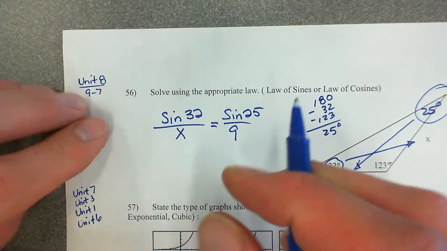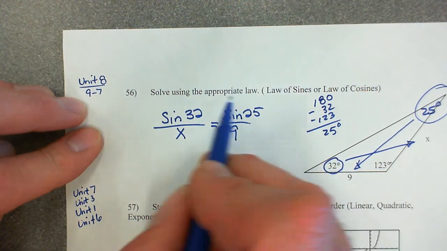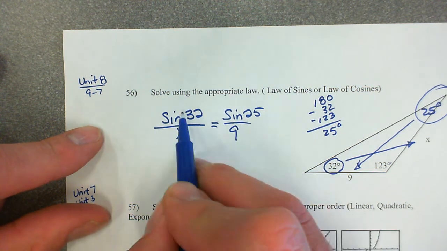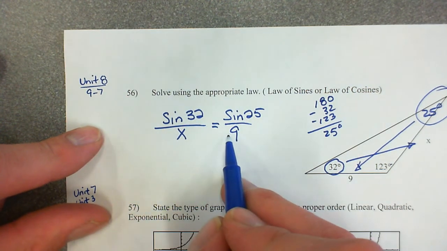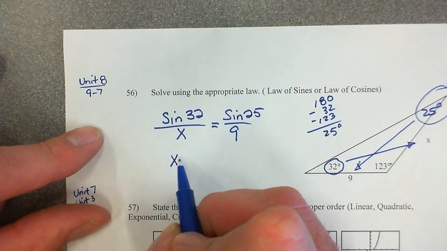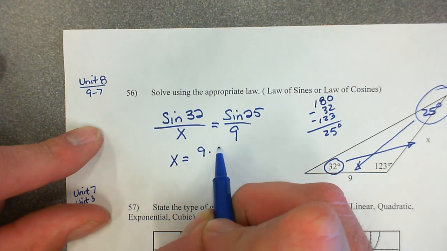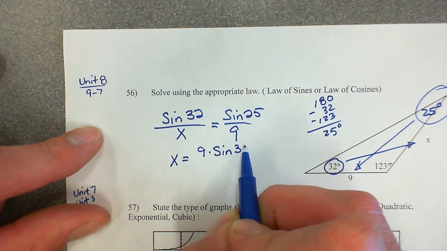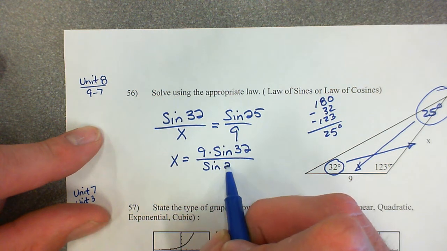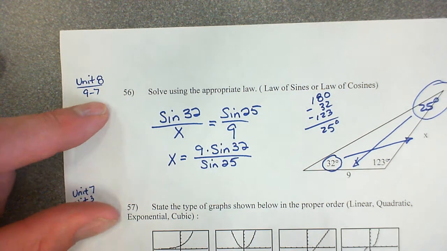Once we have our equation, this is just a proportion, so we can cross multiply. And remember, the short way to cross multiply is take the two numbers that you know that are opposite, multiply and divide by the one across from the variable. So x equals 9 times the sine of 32 divided by the sine of 25.